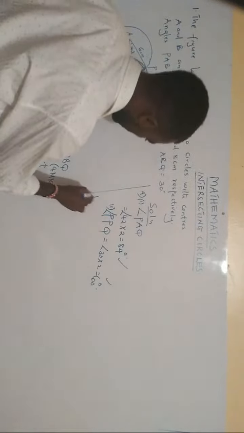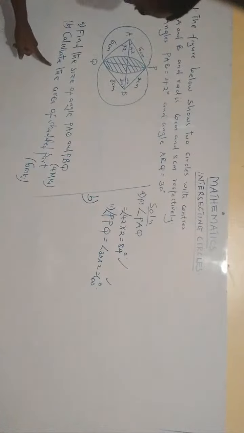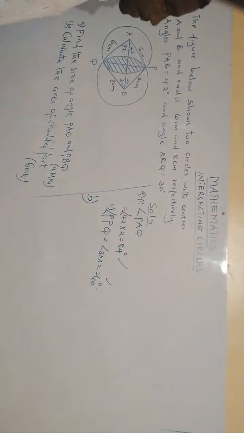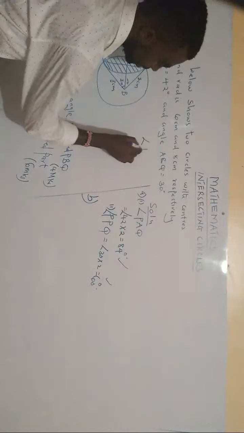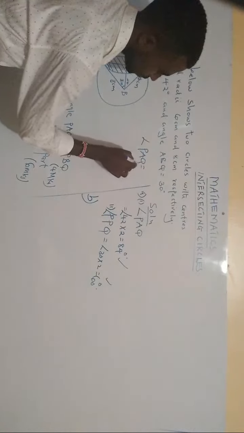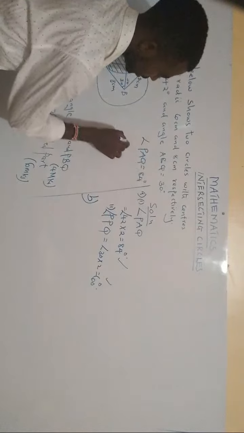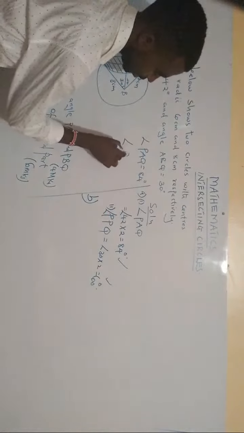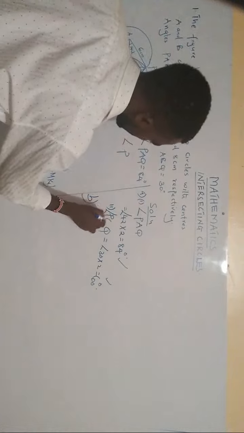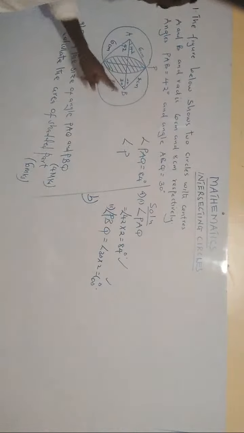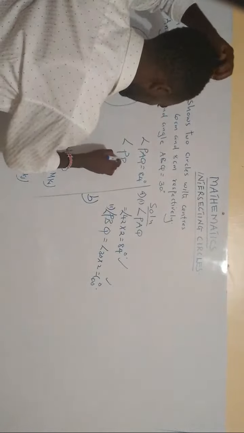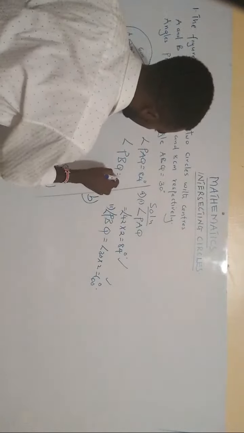Question part B. Calculate the area of the shaded part. So we can get these angles here. Angle PAQ we have got to be 84 degrees, and angle PBQ is equal to 60 degrees.